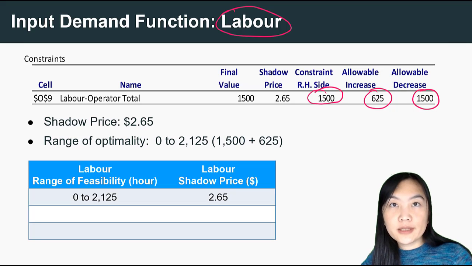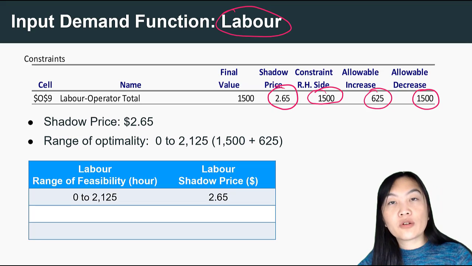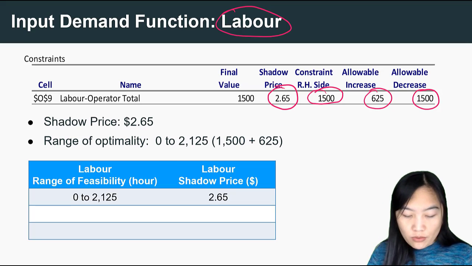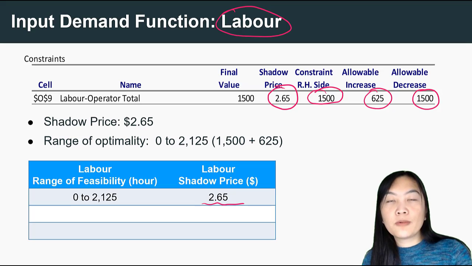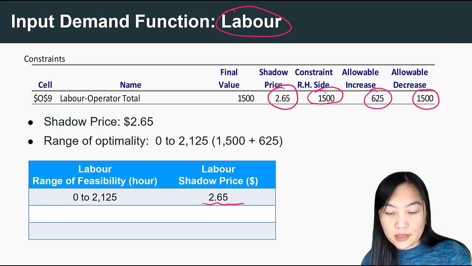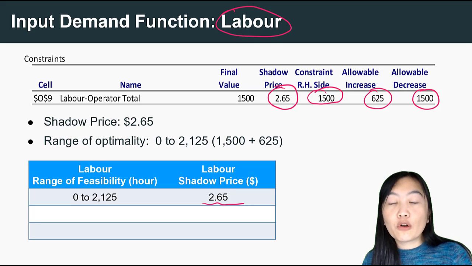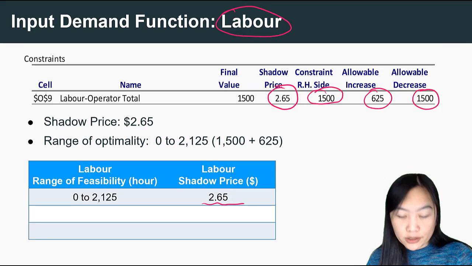The allowable increase and allowable decrease is the amount you can change your right-hand side value without changing your shadow price. So we can put this information here. The shadow price is 2.65, and that is the price that the producer is willing to pay for labor. It's not the actual price, but it's the price that's internal to the producer.